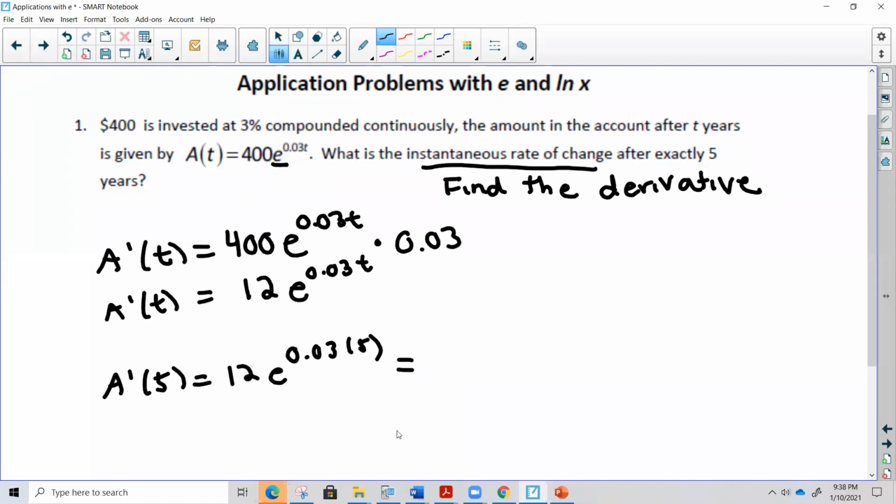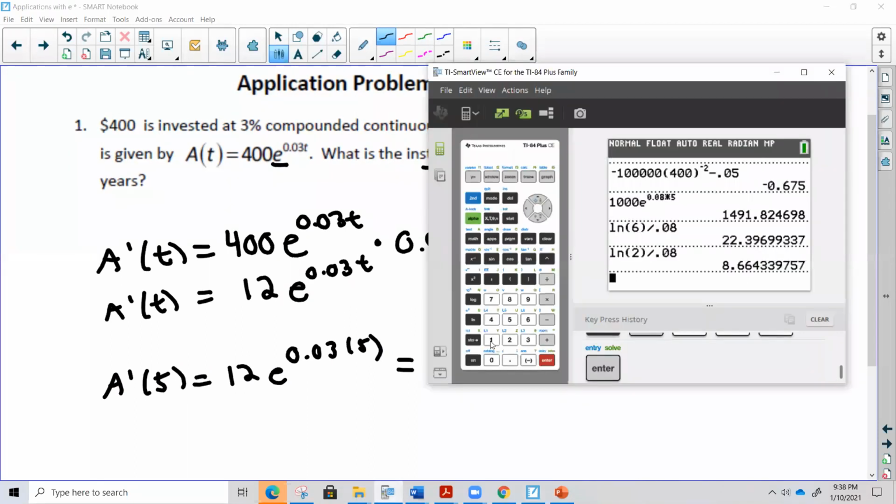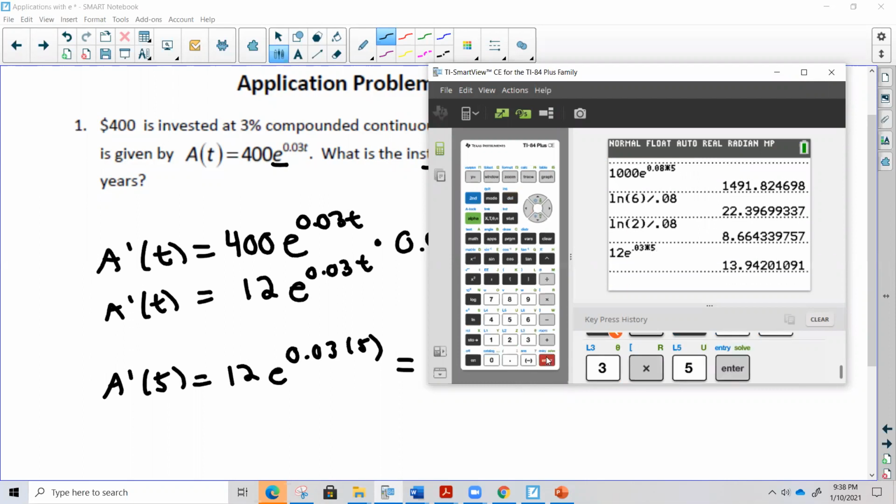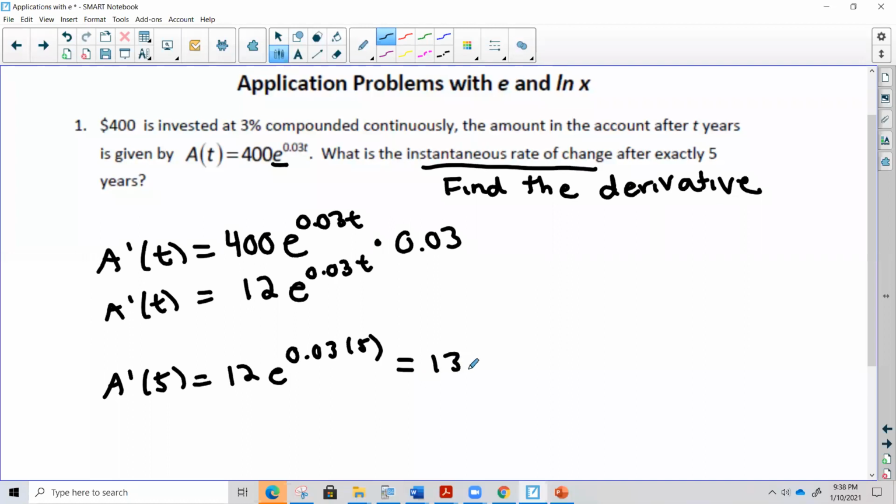And then to solve this, you have to type it in your calculator. So you have 12, hit second, then that e, which is the ln, and then type in 0. I didn't want the L in there. And then for the exponent, 0.03 times 5. And so that gives me 13.94.